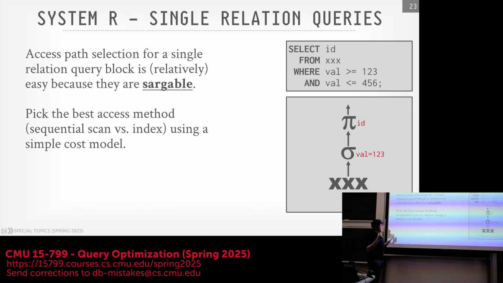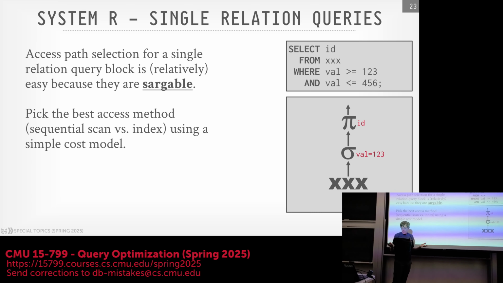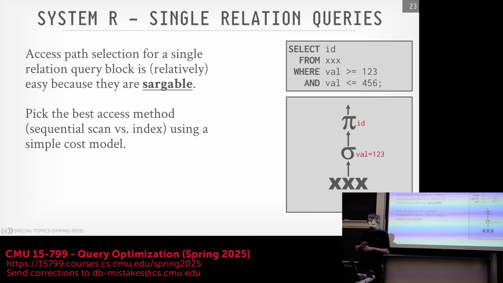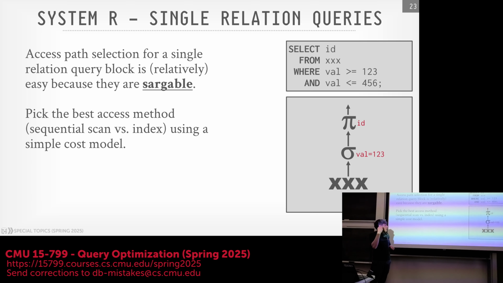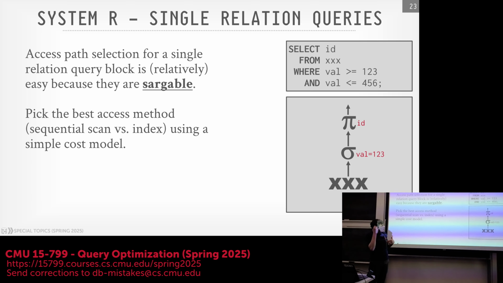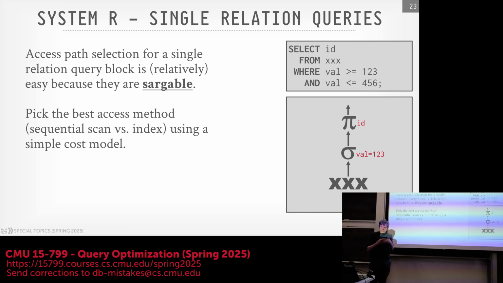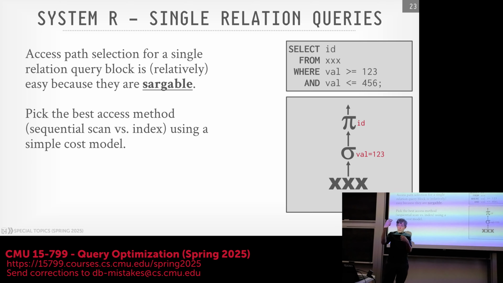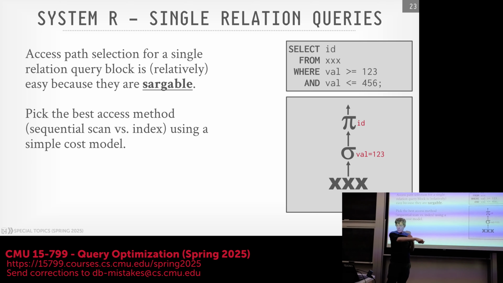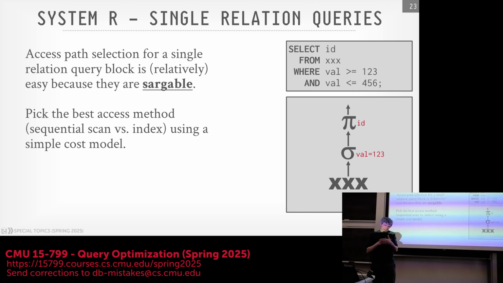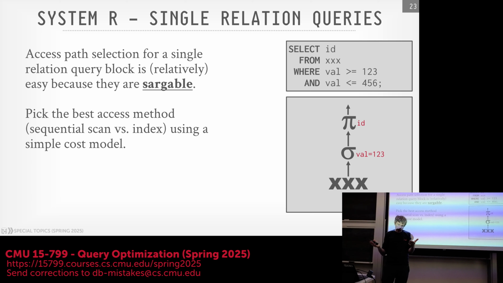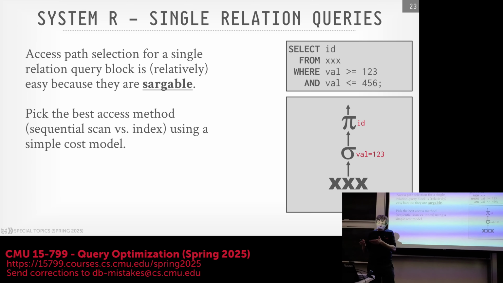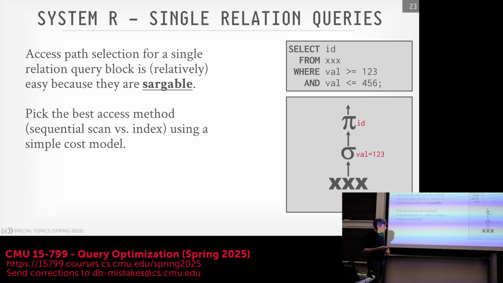So the first thing I have to deal with is what if the query block only contains one relation? I think this is where the term sargable comes from. I think they invented it, but I might be wrong. I think it's one of the earliest papers that talks about it. But they mentioned that if you identify that the query is sargable, meaning the where clause specifies attributes that you can use to do lookups on index data structures, then you can examine all the possible indexes that could be satisfied by those predicates, and then you use the cost model to determine which one's going to have the lowest cost, right?